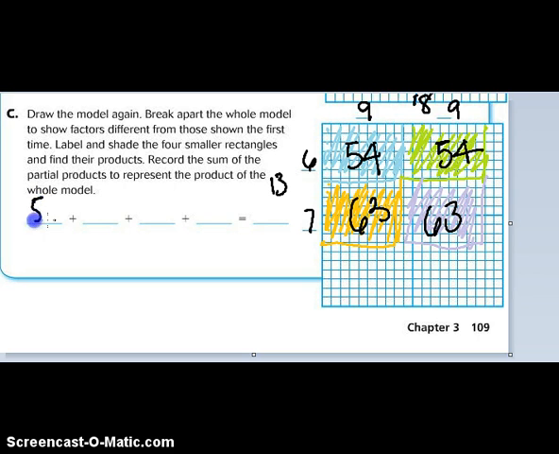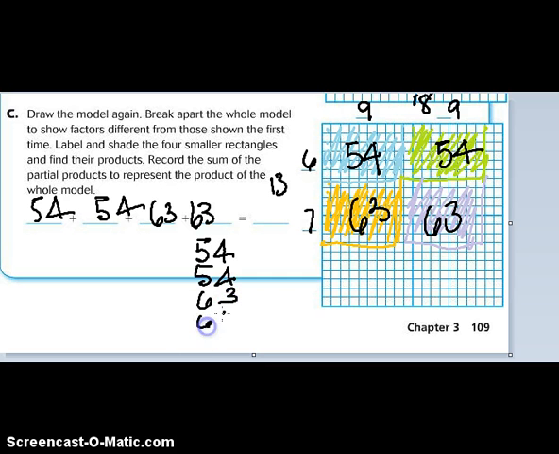We've got 54 plus 54 plus 63 plus 63. And I think we should line them up vertically, just so we don't make a careless mistake. All right, 10 plus 4 is 14.